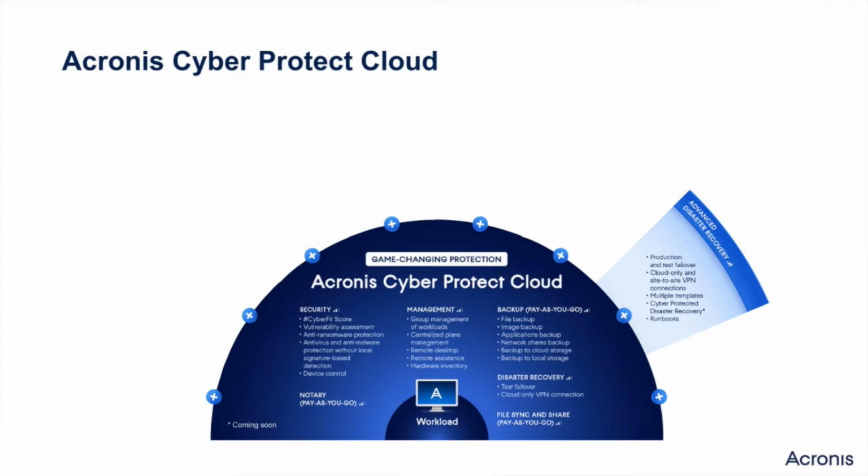A standby virtual machine gets created in the Acronis disaster recovery site that's based on that original machine, right? And then when something goes wrong, you can just immediately spin up that virtual machine directly in the cloud from the latest backup or any recovery point that you might have in the cloud.